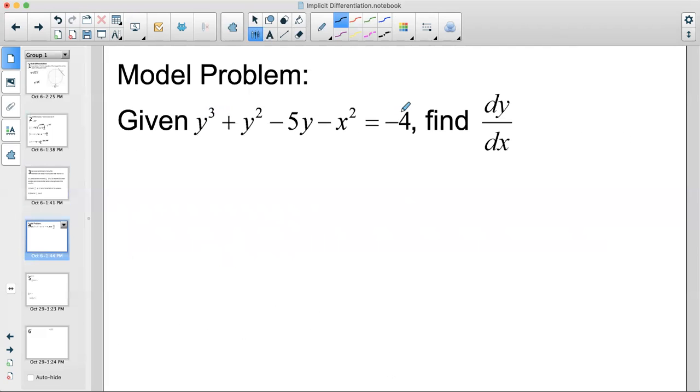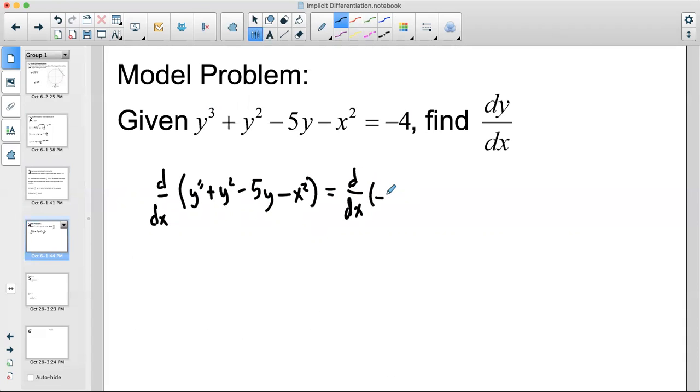So here's an example. Given this big equation, find dy dx. So our first step was take the derivative with respect to x of both sides. So I do that. So I got y cubed plus y squared minus 5y minus x squared on the left, and the derivative with respect to x of just -4 on the right.